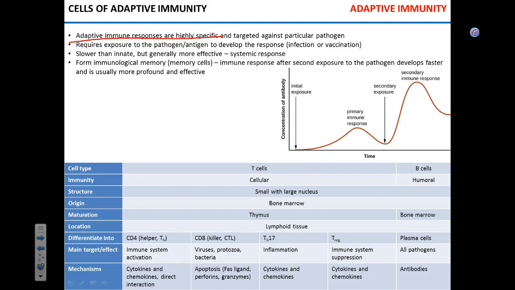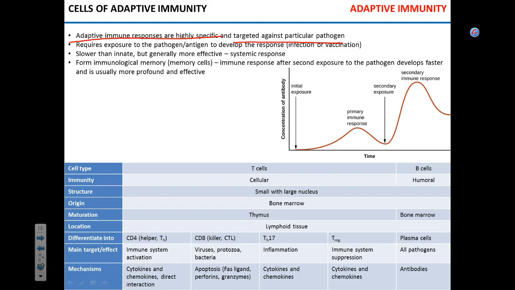If you got chickenpox as a child, chances are you're not going to get chickenpox later. You're going to get shingles, but that's a different story. God forbid you have mumps as a child, that's your only chance to get mumps. You're not going to get mumps again. Well, there are exceptions, but the general idea is that you already have a pretty robust immune response. So they are targeted against a particular pathogen, meaning that your mumps response will be ineffective against measles. Makes sense, right?